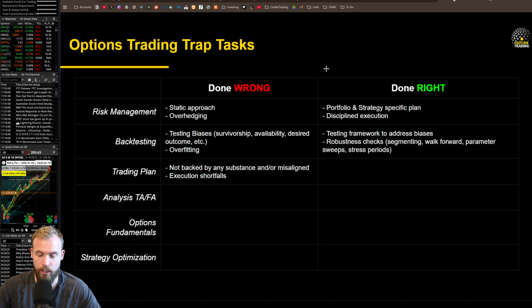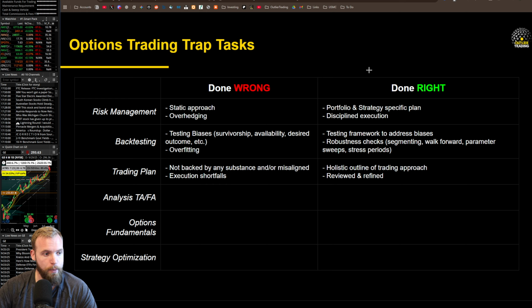You haven't really researched it. You haven't done the analysis to realize that actually in a lot of instances it's suboptimal. But that is what leads to just abandoning your plan right away, which leads to execution shortfalls. If you build something that's made out of papier-mâché, don't be surprised if it crumbles under the slightest pressure.